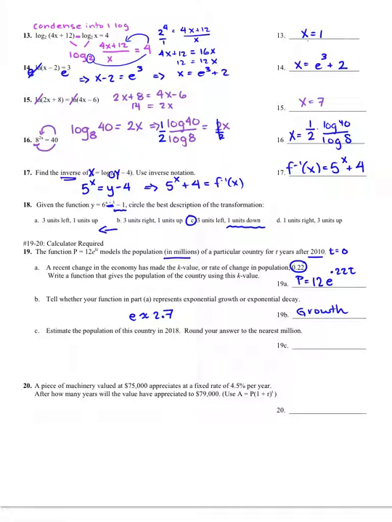So the population is growing. Estimate the population in 2018, so that's like saying when t equals 8 years later, and round it to the nearest million. So what we're actually calculating is 12e raised to the 0.22 times 8.